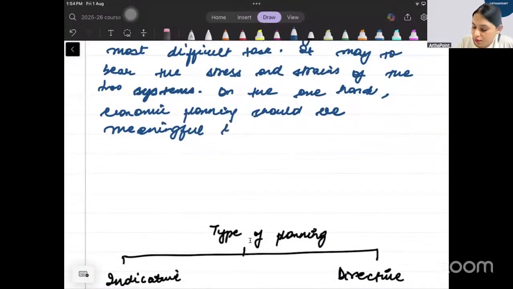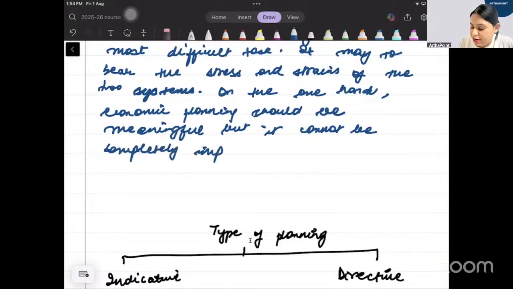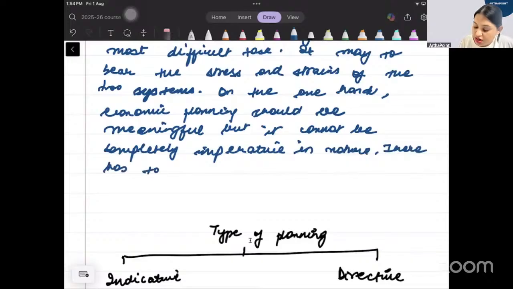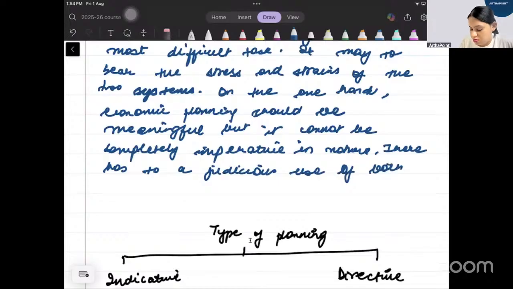But it cannot be completely imperative in nature. There has to be a judicious use of both, or you can say there has to be a judicious mix of both the plannings, right?